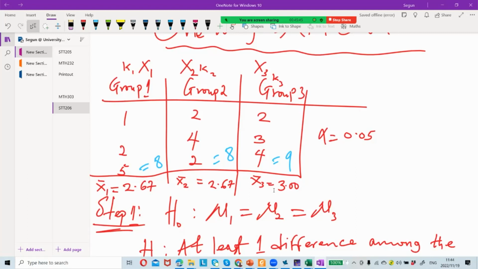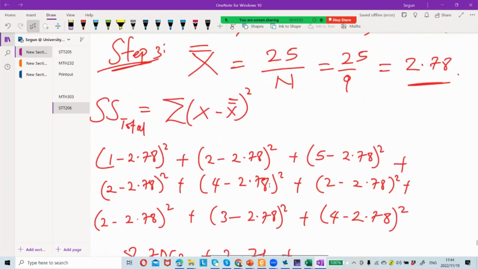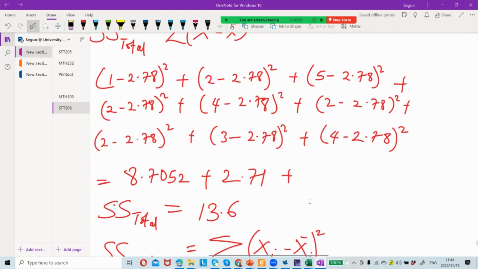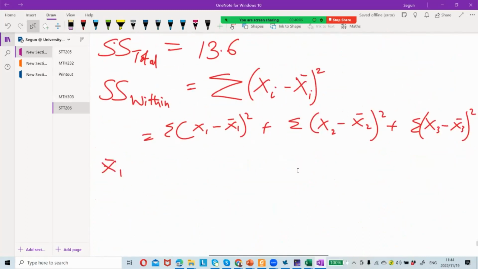Together, all the group members one by one. Look at this. The first one we did is the total. We use the grand total, to deduct from them. Now, in this case, we are solving for sum of square within.